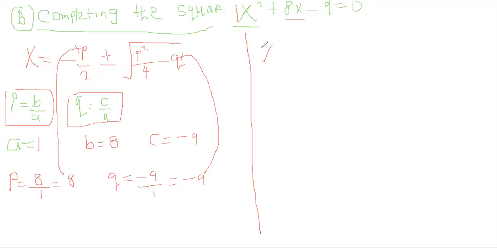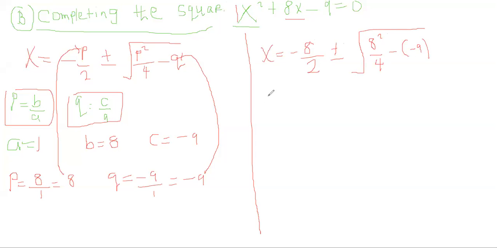To find the value of x, that is the solution of the equation, it should be minus P, and P is 8. It will be 8 over 2. 2 is constant there. Plus or minus. So in the square root, we have P square, which is 8 raised to the power of 2 over 4 minus Q, and Q is minus 9.